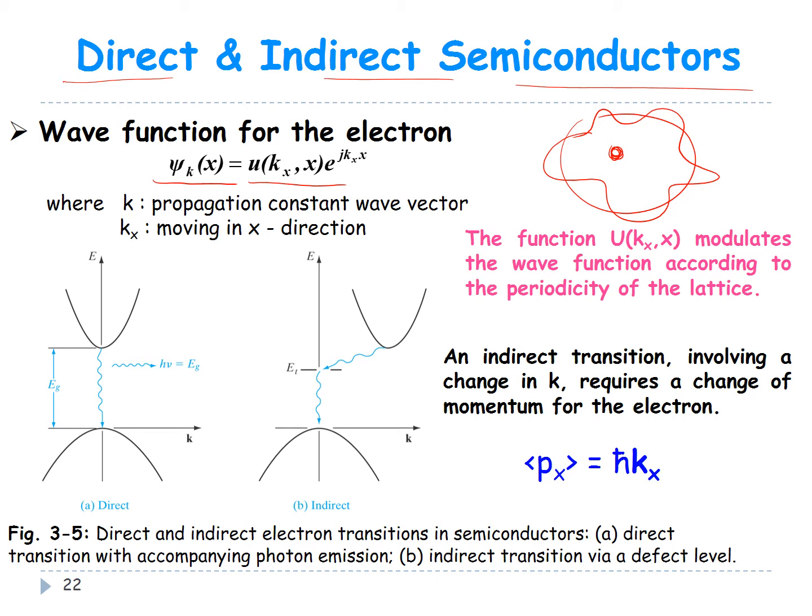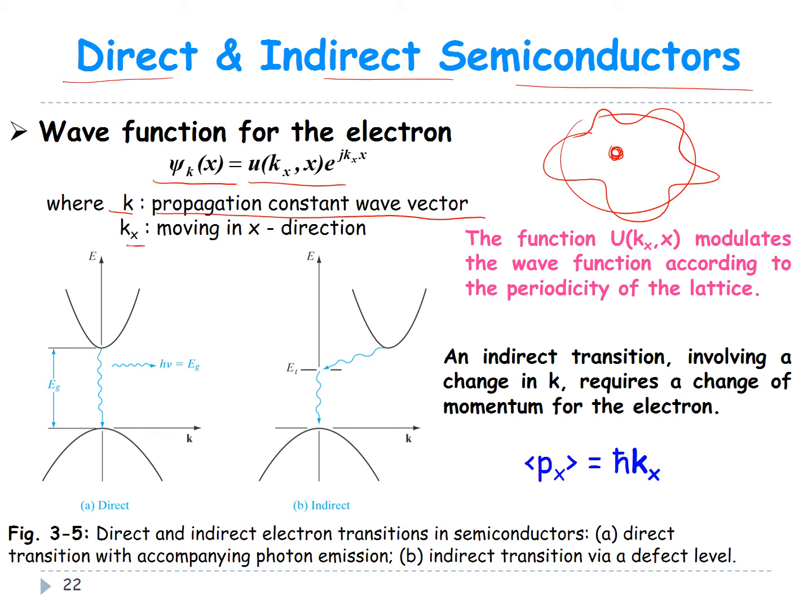In this equation, k is the propagation constant wave vector, and kx simply means that we are moving in the x direction. So we can have psi y or psi z, depending on the direction that we are moving.